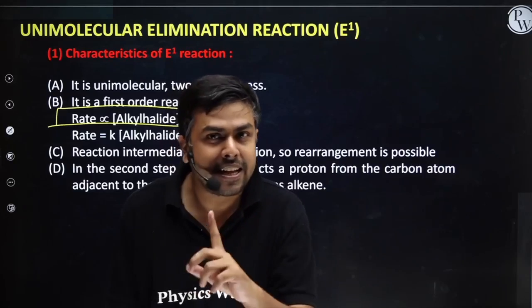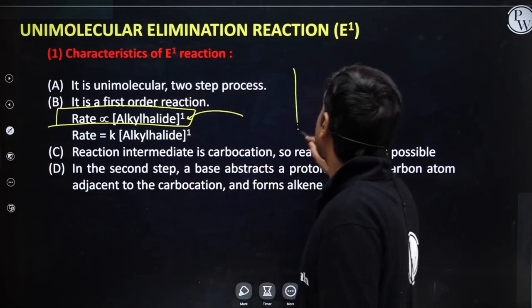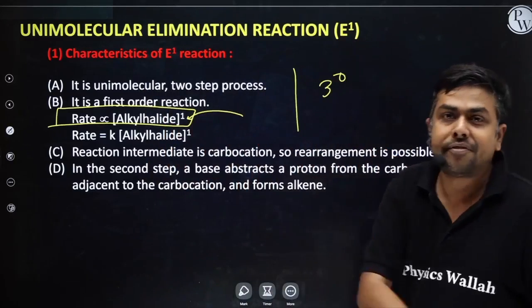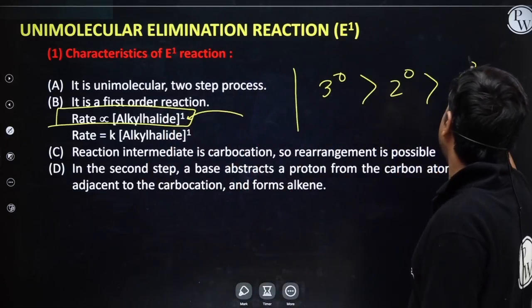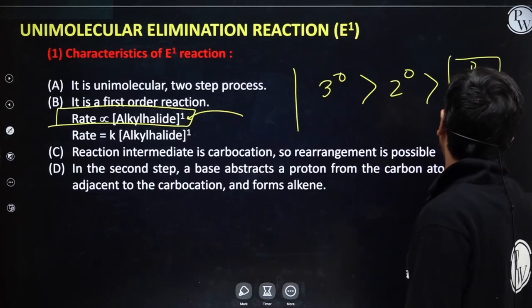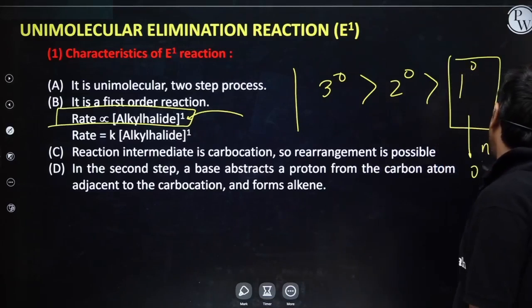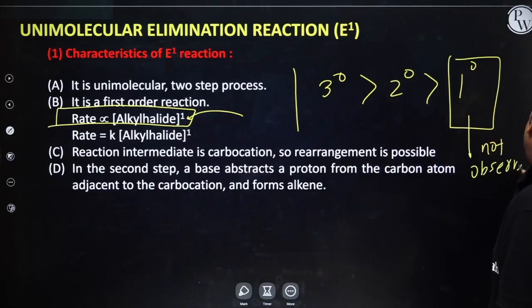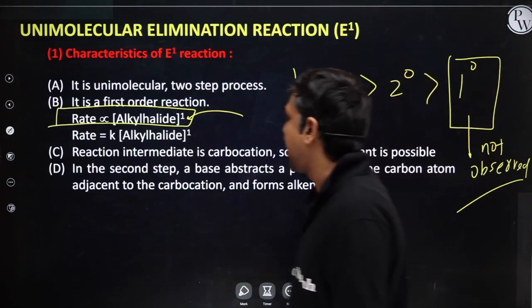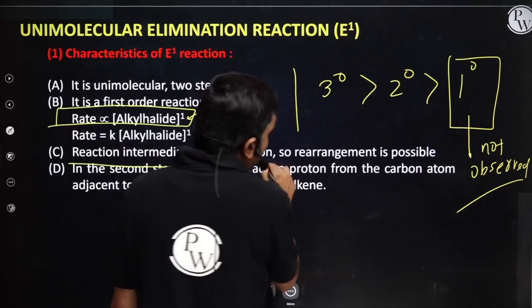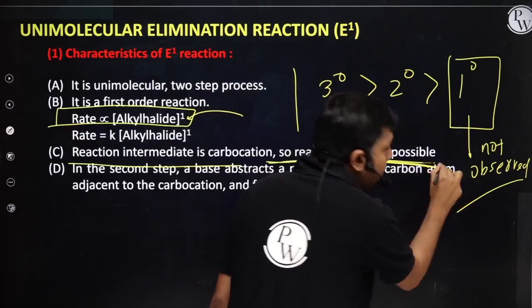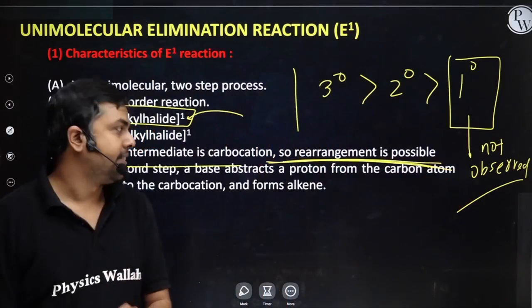So just like E2 reaction, here also a 3 degree will give a faster E1 as compared to 2 degree. In 1 degree, this E1 reaction is rarely observed, because 1 degree carbocation is an unstable carbocation. Am I clear, student? Reaction intermediate is carbocation, so rearrangement is possible. Am I clear? Next one.